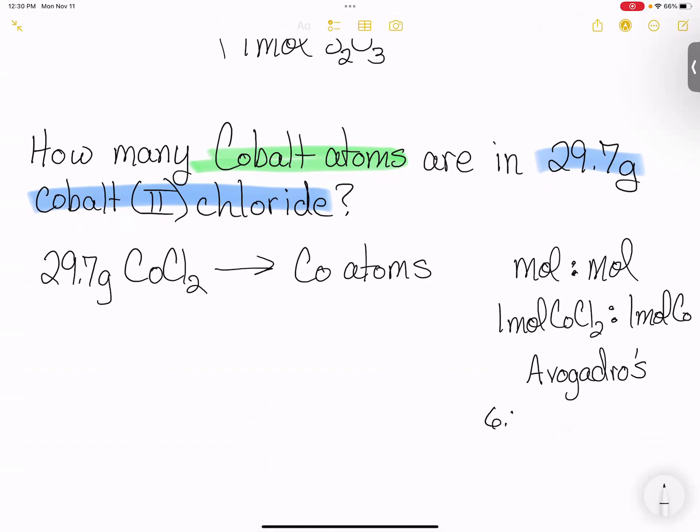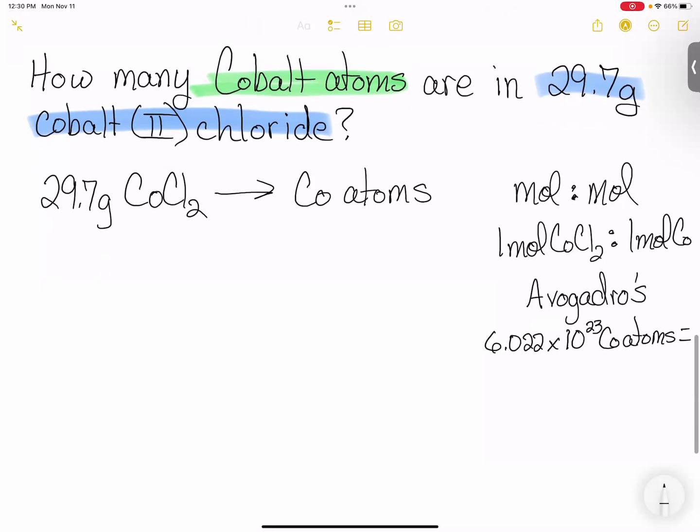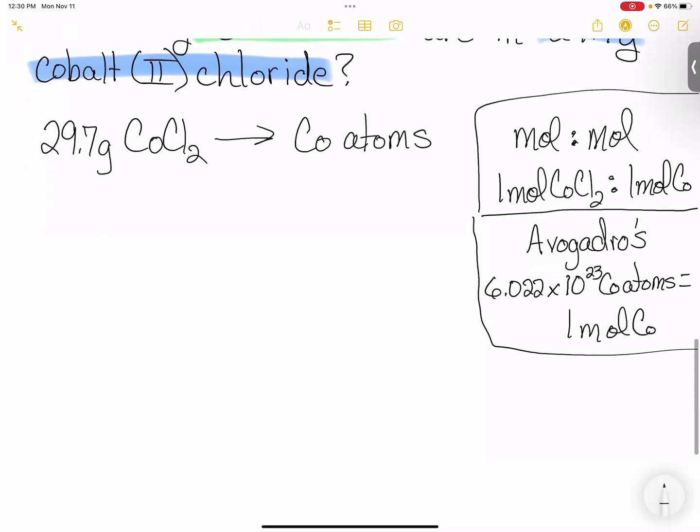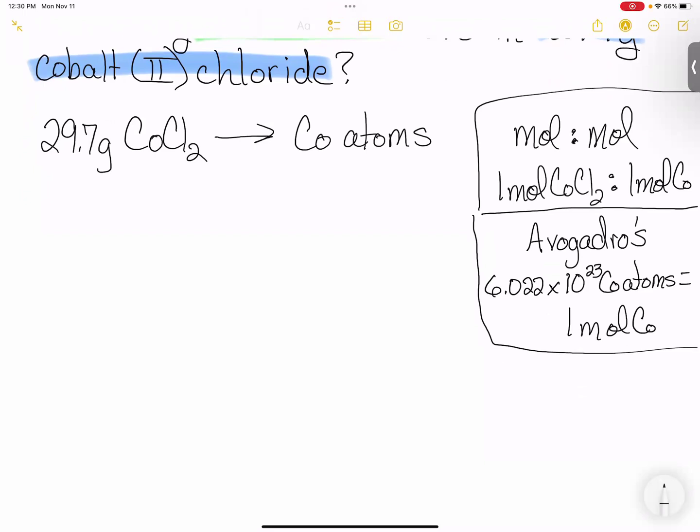So 6.022 times 10 to the 23rd of anything, in this case, cobalt atoms, equals 1 mole of that thing. In this case, 1 mole of cobalt. Does this contain mass? That means you're going to need a molar mass. So you are going to need 3 conversion factors.